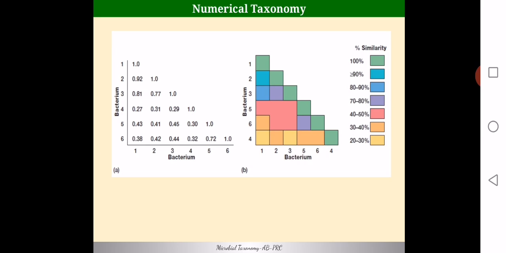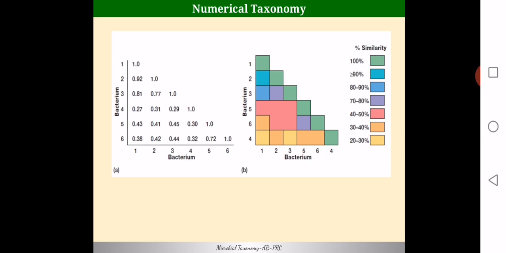So you can say the association coefficient between organism 3 and organism 5 is 0.45. You can spot that value. And between 2 and 4 it is 0.31.